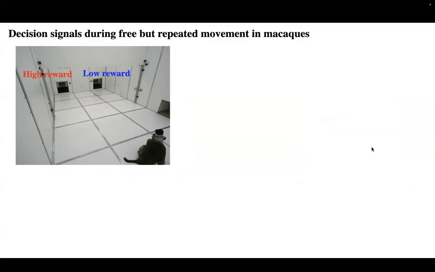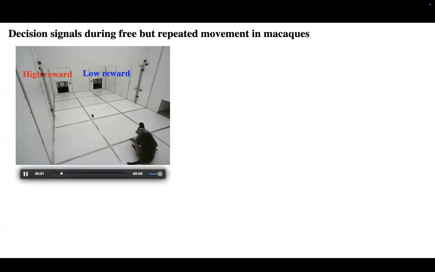So what we have found out so far are the decision signals during free but repeated movements in macaques. On the left you will see a video where the rhesus macaques go across the room, and here the screens will show either red or blue. The red always indicates a high reward, the blue always a low reward. So they will get a reward anyway, but they can maximize the reward by going to the high reward one.